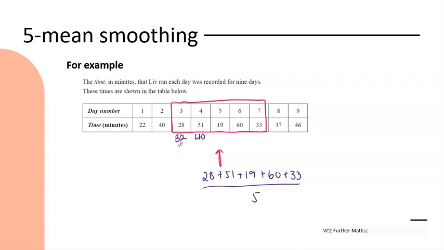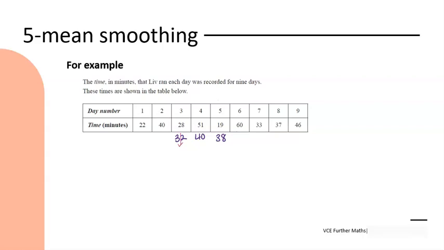Divide that by 5, and again rounded, my answer there for day 5 is 38. I continue repeating, moving down, and the remainder of my values there at day 6 will be 40, day 7, 39.